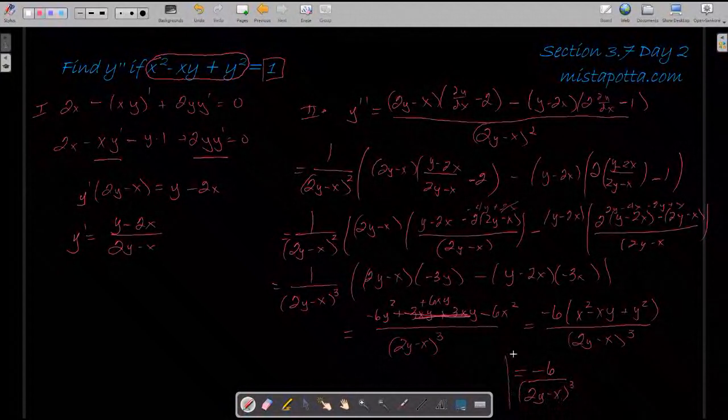A much more concise form, something that's very easy to substitute, and something that I didn't believe I would ever reach, having gone through all of this algebra.